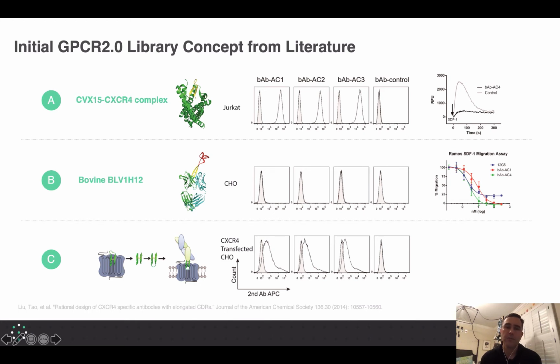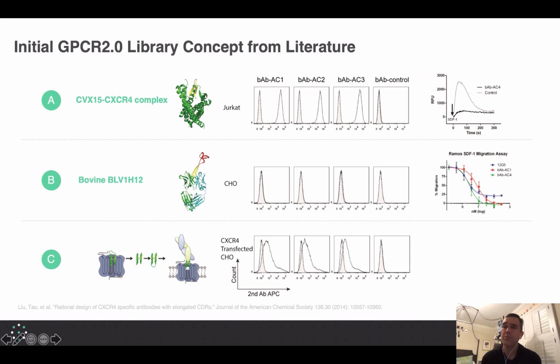And that's exactly what they saw. They found that the CXCR4 peptide grafted onto the bovine antibody retained binding to CXCR4 transfected cells, and also retained the antagonist function of the original peptide.